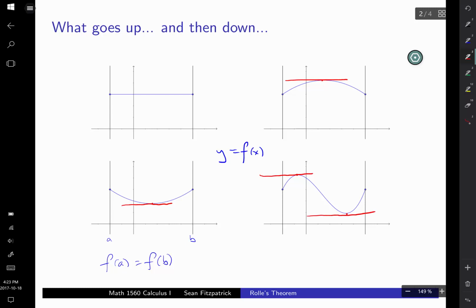And what do we know about points where the tangent line is horizontal? We know that those are exactly the places where the derivative is 0, right? So if we've got a continuous and differentiable function that takes the same value at two different points, what this is telling us is that somewhere in between those two points, we have to have a critical point. This is what Rolle's theorem is saying.